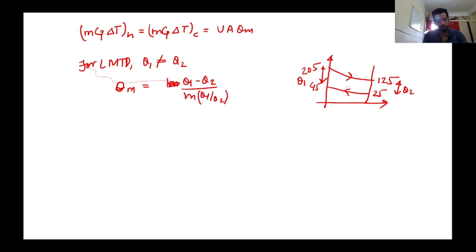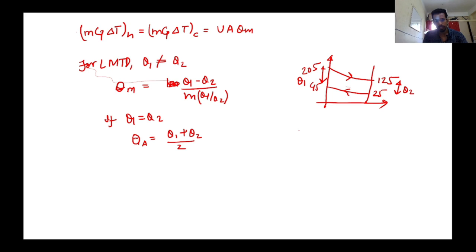If theta 1 is equal to theta 2, then it is simple AMTD, that is theta 1 plus theta 2 divided by 2.